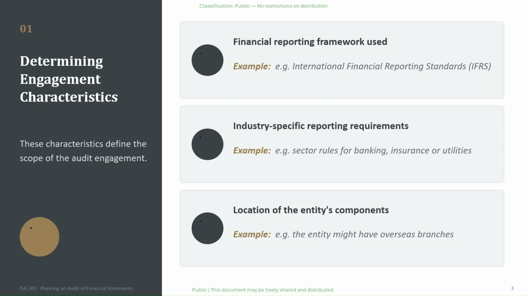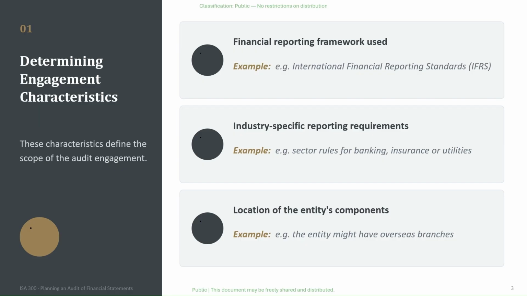Let's start with step one, determining the characteristics of the engagement. These are the things that define the scope of the audit. The first is the financial reporting framework being used. For example, is the entity reporting under international financial reporting standards? The second is any industry-specific reporting requirements, think banking and insurance, which often have extra rules on top of the general framework.